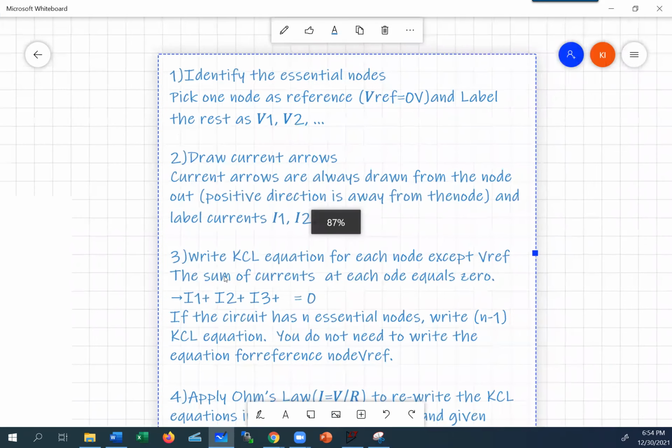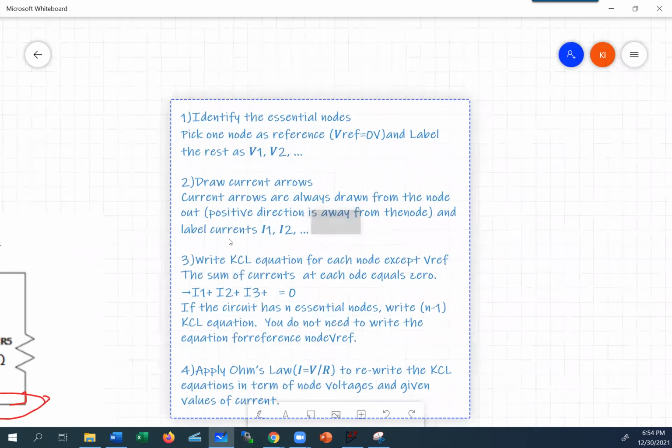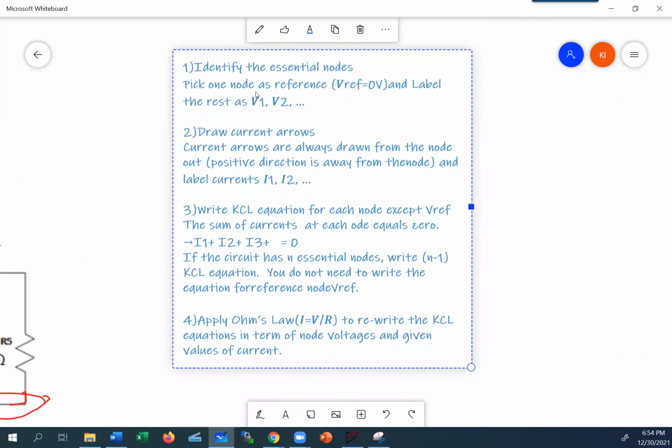So first step in the process is to identify essential nodes. An essential node is where three or more elements come together. Okay. You can either physically draw the current or mentally remember that there is current leaving the nodes. You have to sum all the currents leaving the node. And then step 3, you write the KCL equation.